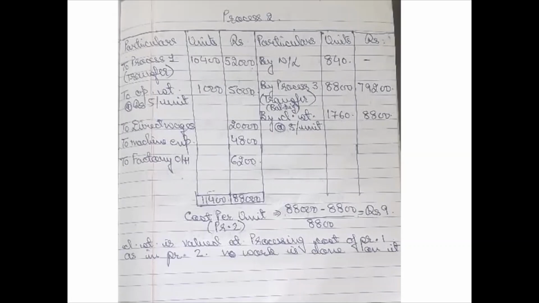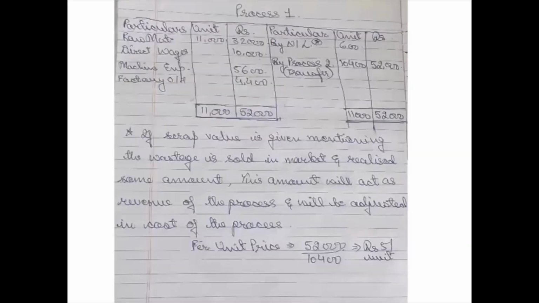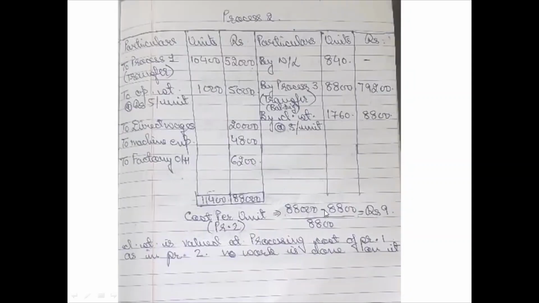All right, rupee 9 means, earlier remember how much was the cost? It was rupee 5. That means in the process 1 unit is attracting the expense equivalent to 5 rupees. Now remember how much extra additional expense we are incurring in process 2 is 9.